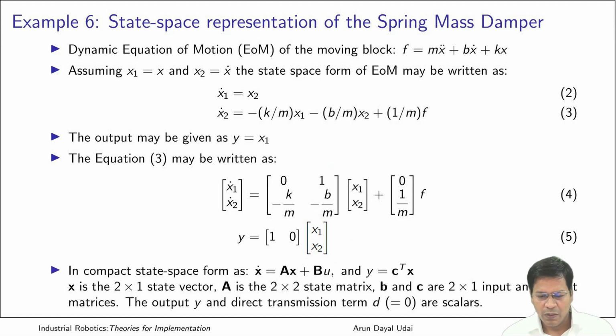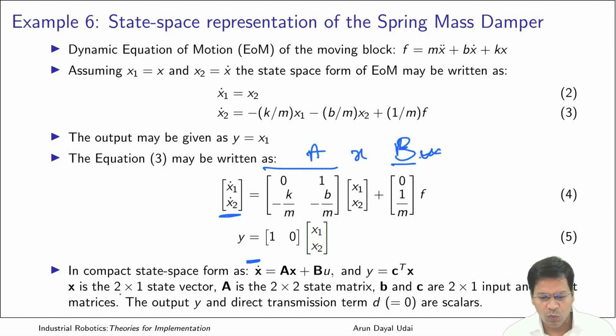Now comparing this, you can write simply this one is your x dot, this term is your A, this is your x, this becomes your B matrix, and you have u, that is the input, that is f. So exactly f is your u. Got it?